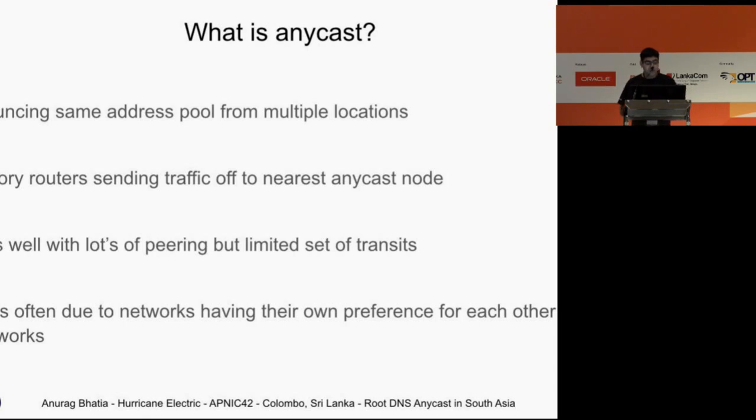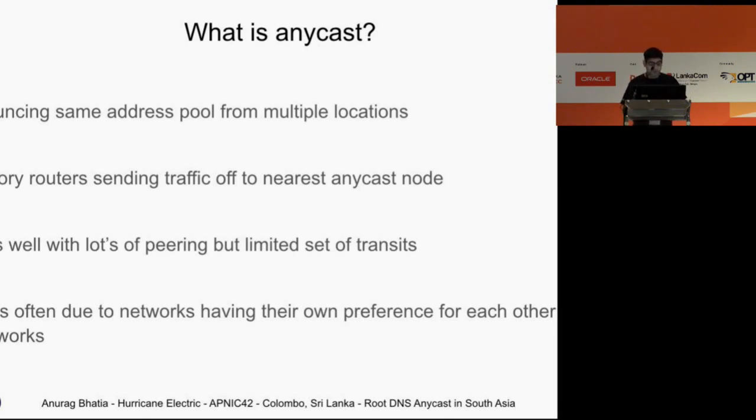So in theory, networks are expected to hand off traffic as quickly as they can, and Anycast just works. You can have different servers using the same IP across the world, and everyone will just hit the local server. But that's in theory, and it breaks a bit.